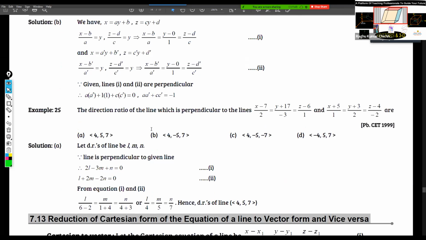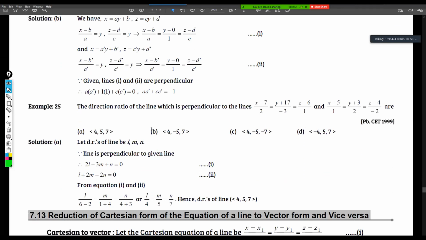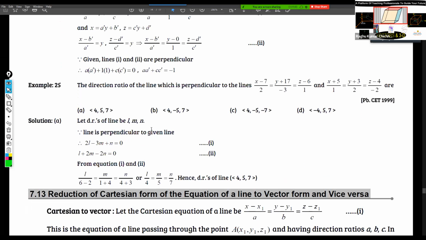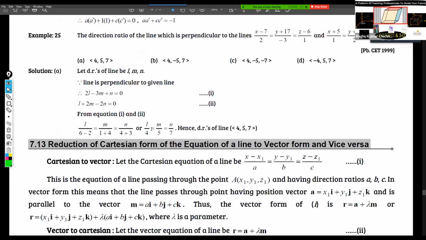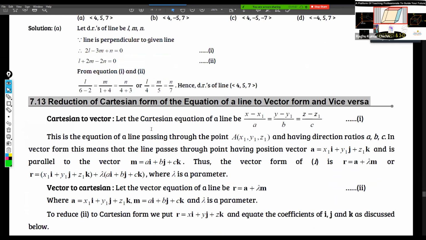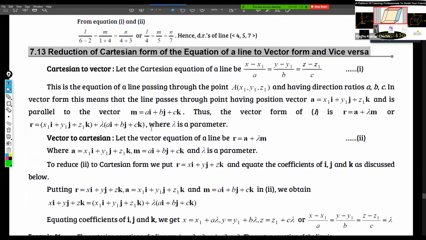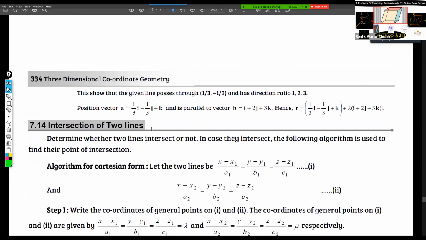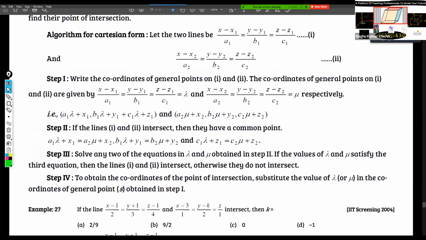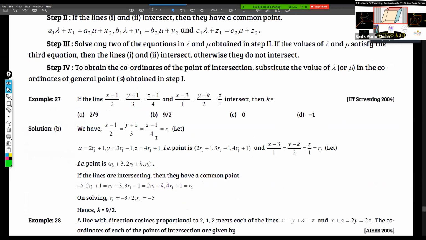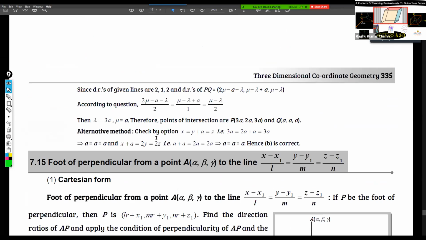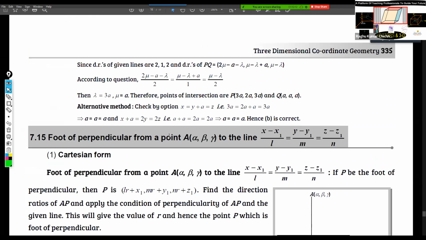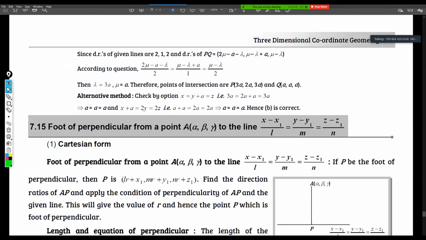Reduction of Cartesian form of the equation of line to vector form and vice versa, this we will see in the next session. And intersection of two lines also we can understand, and among them this is foot of the perpendicular, which is an extension from two-dimensional straight line to the plane.